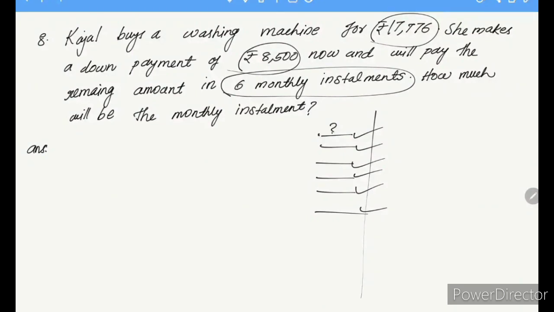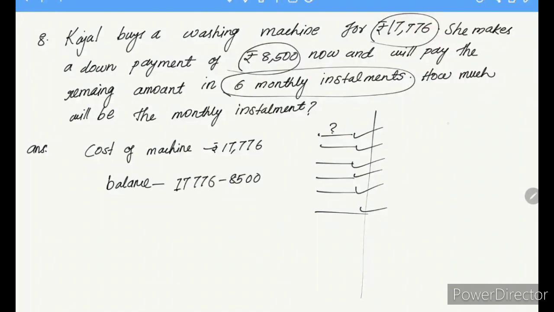And what they are given here we can write that. Cost or price. Cost of washing machine we can write. That is 17,776. And she make a down payment of 8,500 rupees. So remaining or balance we can subtract 8,500 from this.